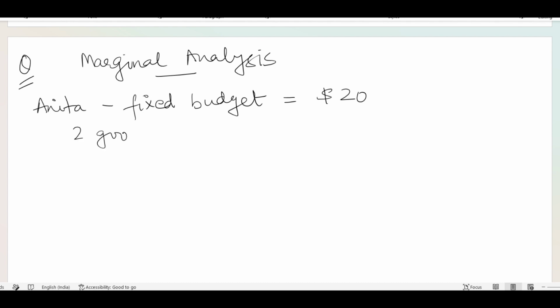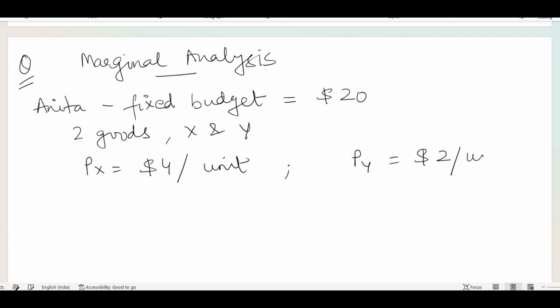So two goods are in the picture, good X and good Y. The price of good X is given to be $4 per unit, and the price for good Y is given to be $2 per unit.